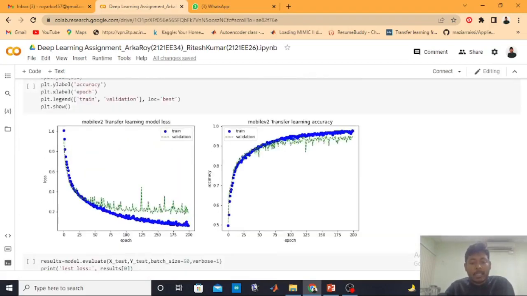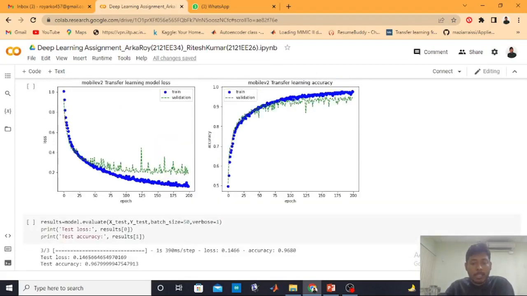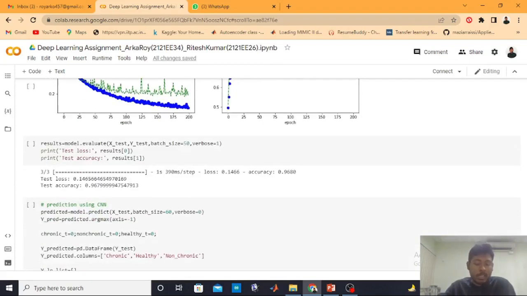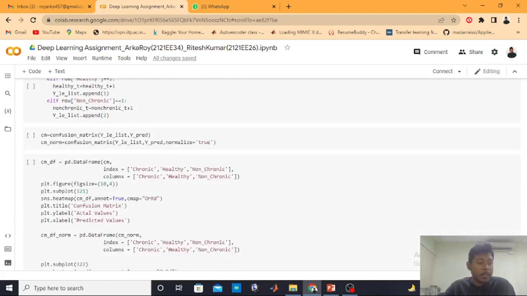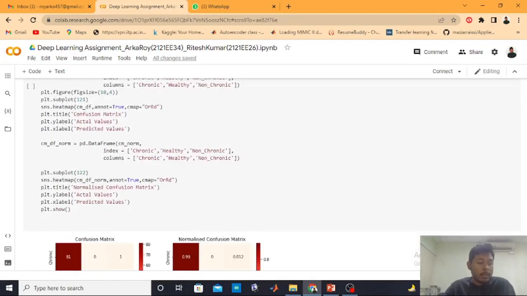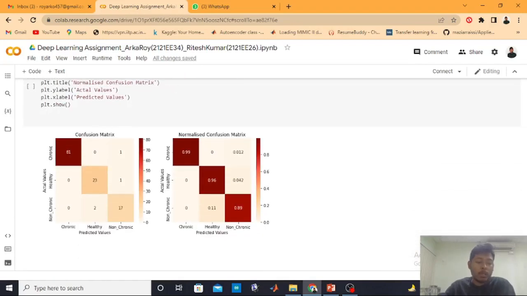And here we can see the training curve, showing how much accuracy there is. In validation, as we already told, we are reaching 96% accuracy. Here we are showing the confusion matrix.